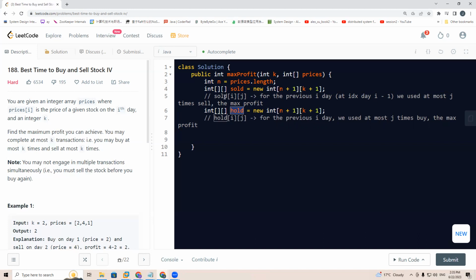If we know the physical meaning of sold[i][j] and hold[i][j], I think we can write the transition function very easily.